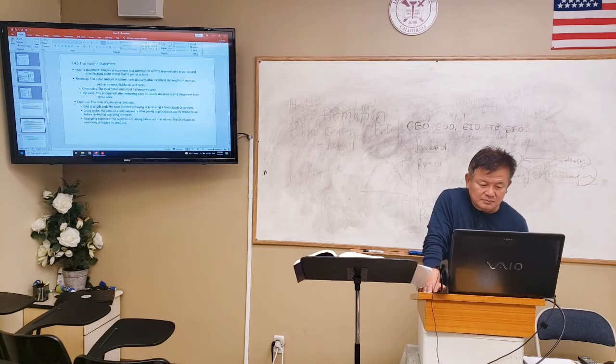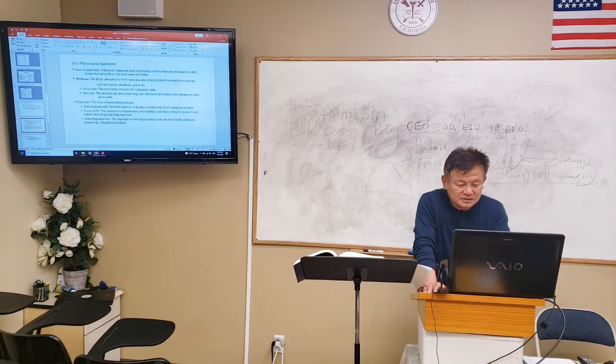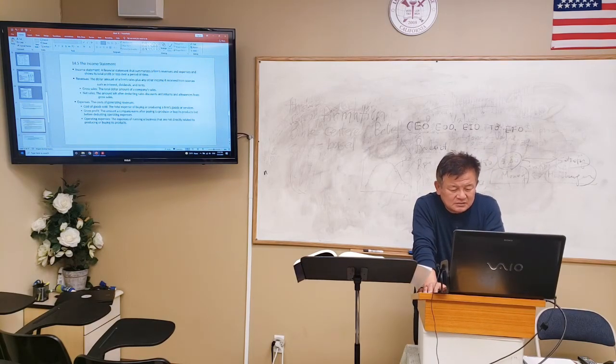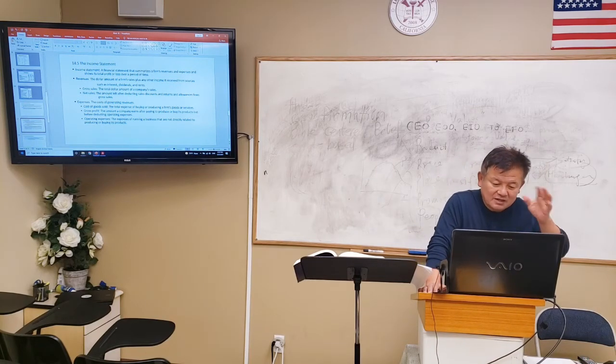After that, operating expenses are the expenses of running a business not directly related to producing or buying its products. It's operating expenses, just operating, not related to buying or selling products. This is operating expenses.